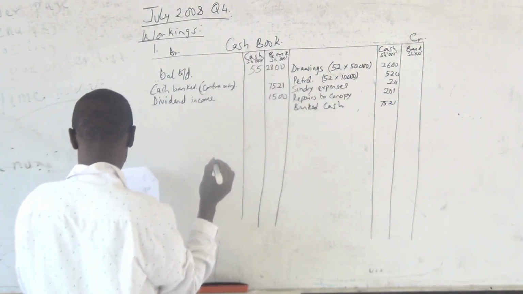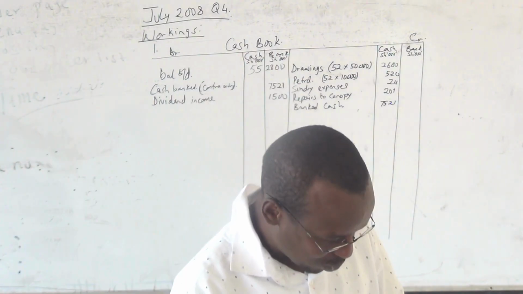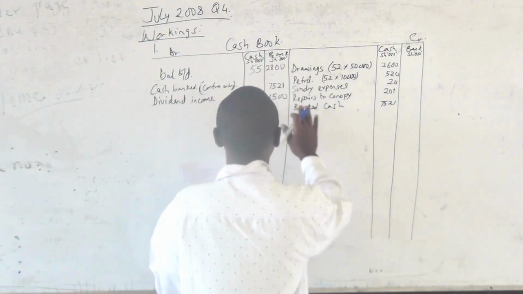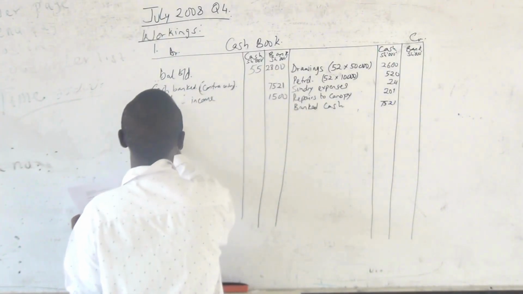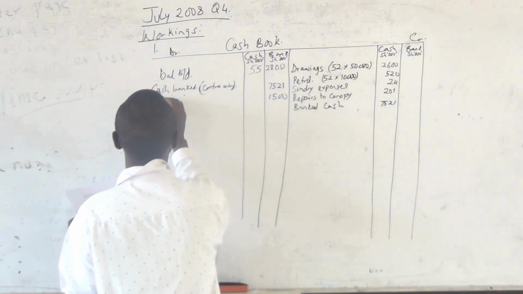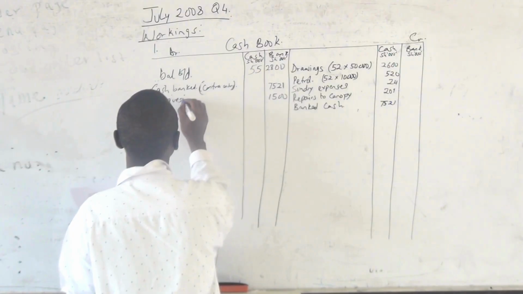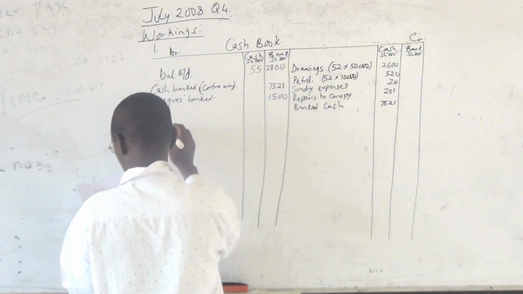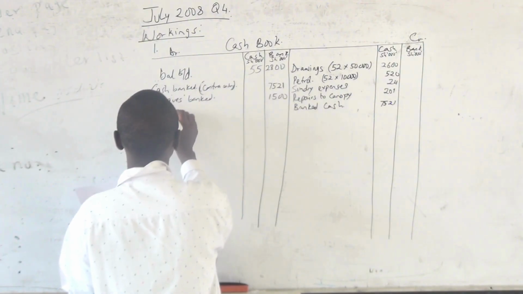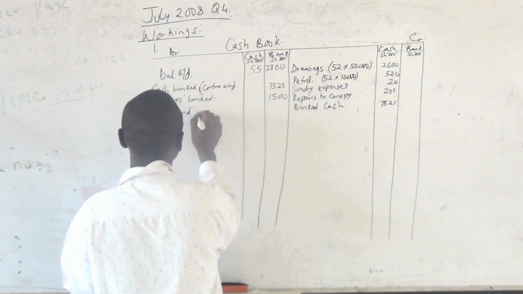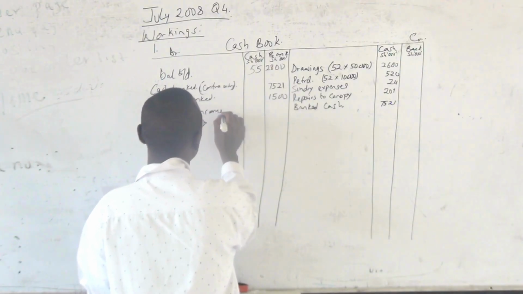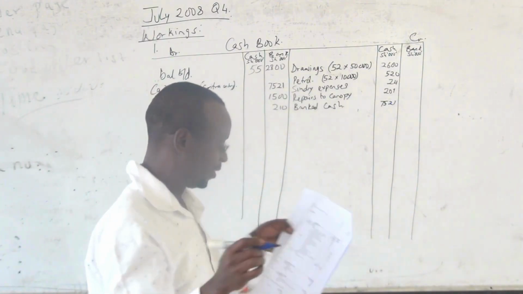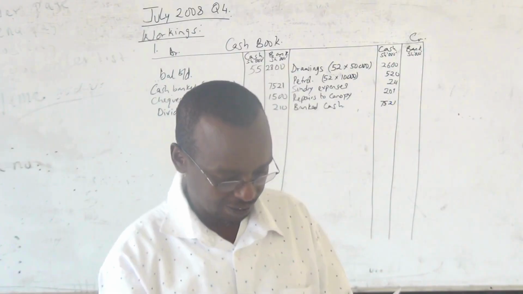Then there is 210. 1500 checks. Yeah, there are checks banked. Then we have dividends, it's 210. Then what else?